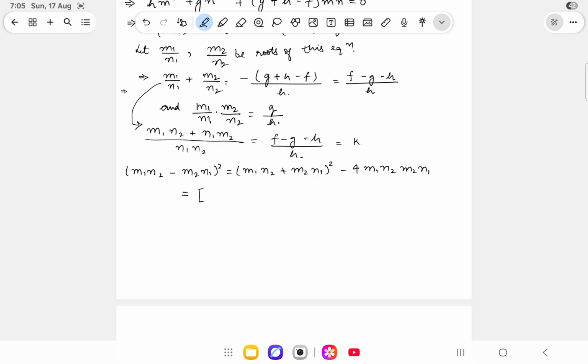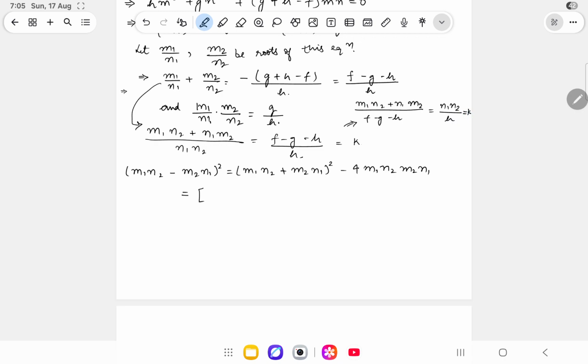So what we can do is reduce it to the relation m1 n2 plus n1 m2 upon f minus g minus h equals n1 n2 upon h, which is equivalent to k.